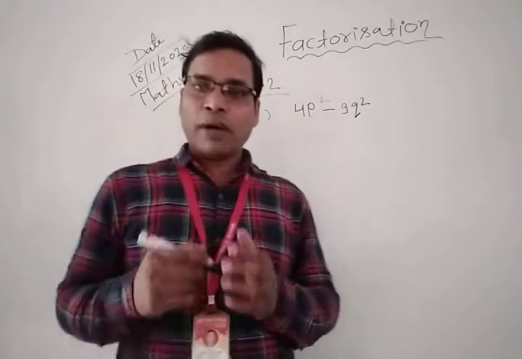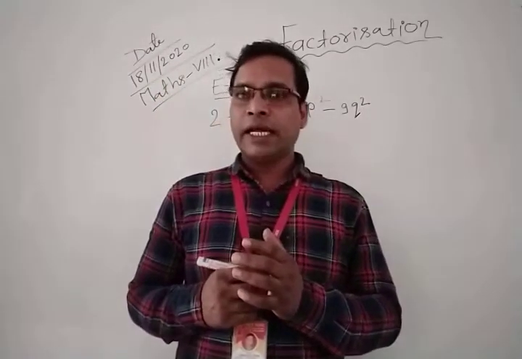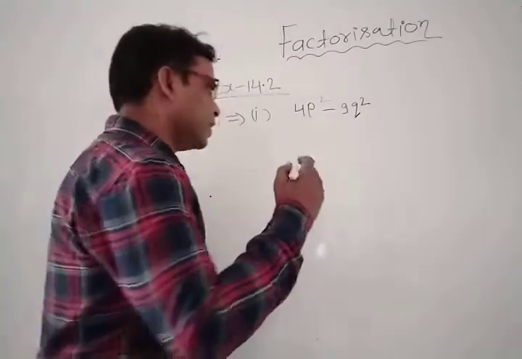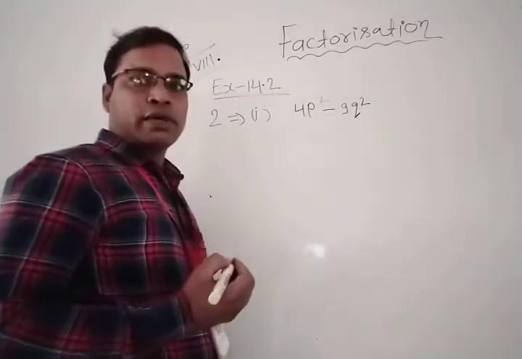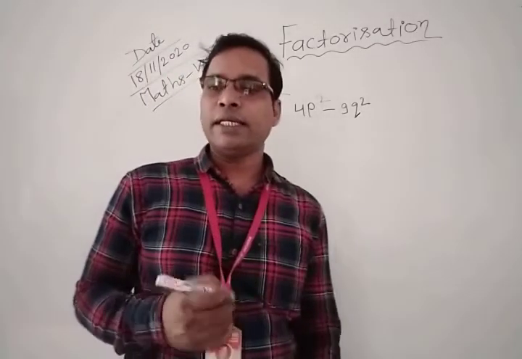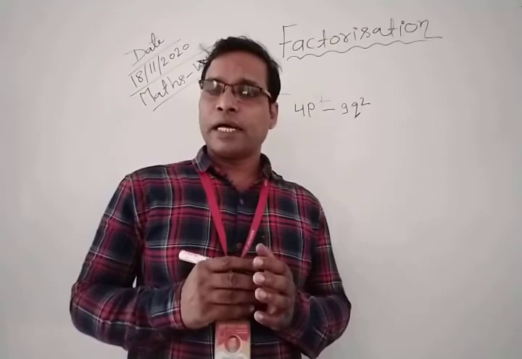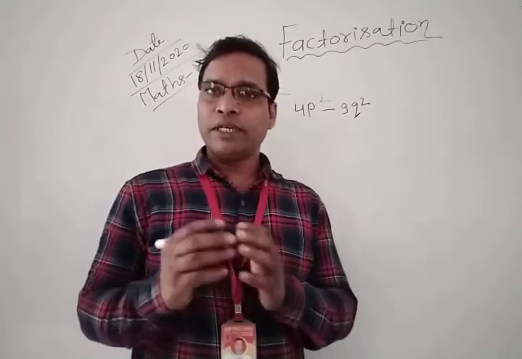I hope all of you know the third identity. What is the third identity? The third identity is the difference of two squares. The difference of two squares is equal to the sum of the numbers into the difference of the numbers.